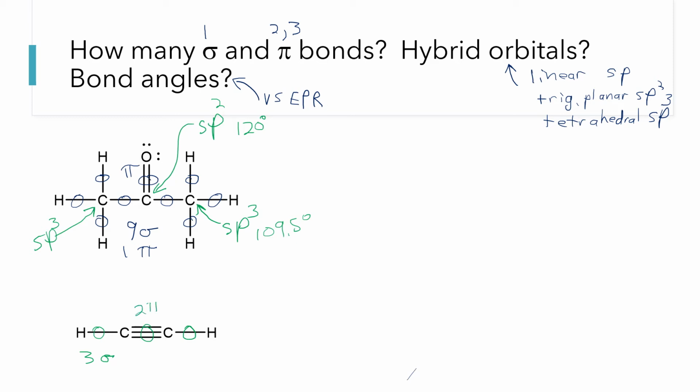So there are 2 pi bonds associated right there. So 3 sigma bonds plus 2 pi bonds. For hybridization, the carbon atoms here have 2 electron domains, which means that they are linear. When they are linear, the hybridization is going to be sp, and being linear, their bond angle is going to be 180 degrees.